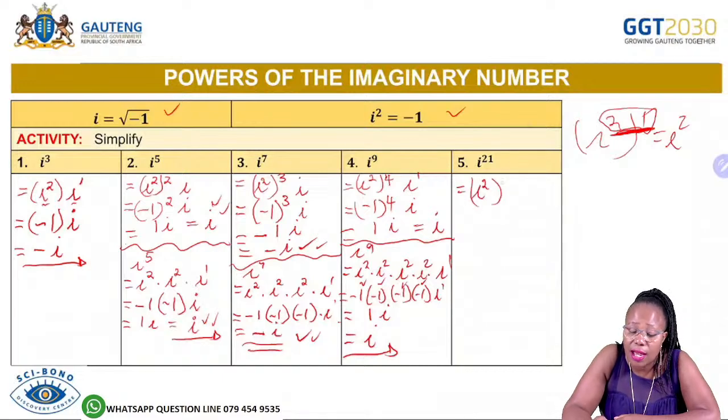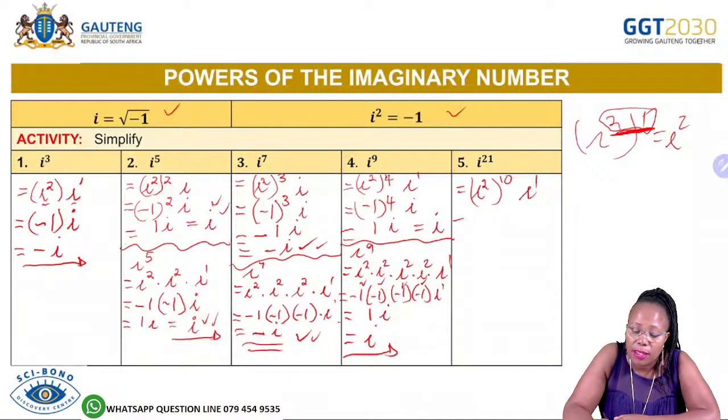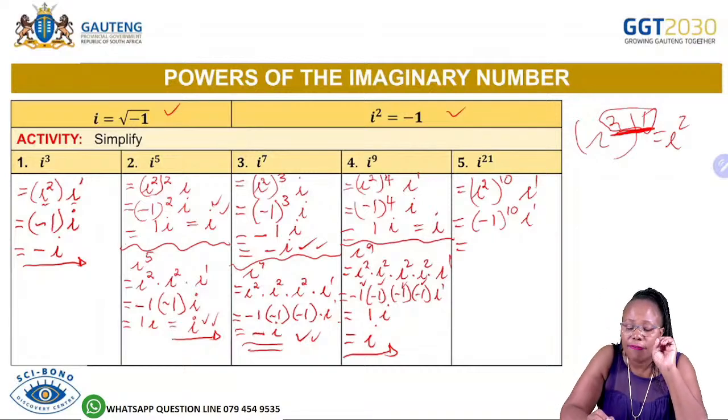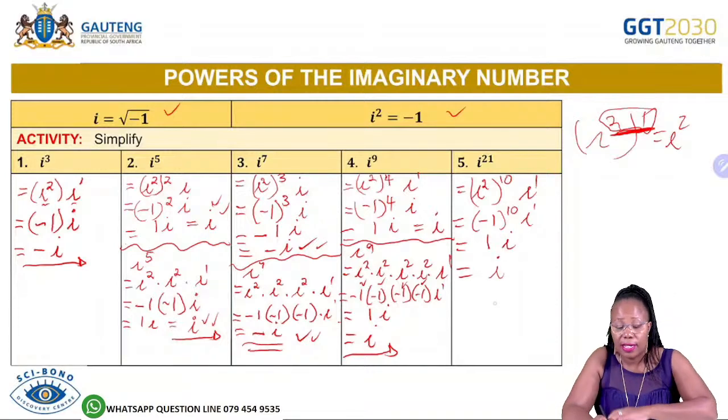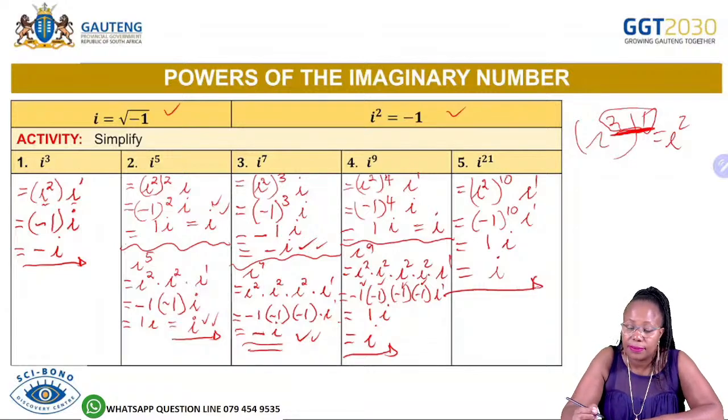And then that is i to the power 10. 2 times 10 is 20. And then i to the power 1, so that it can be 21. And then i to the power 2 is a minus 1, to the power 10, and then i to the power 1. Negative 1 to the power 10, 10 is even. So if it is an even number, the answer will be positive 1. With an i, 1 times i, with an i, a positive 1. Can you see? It's a positive 1.